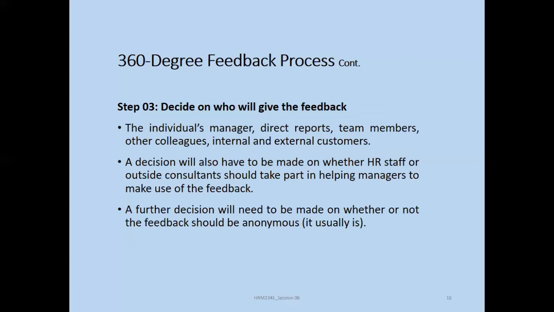Now, after getting the previous decision under step 2, we have a clear idea about who the feedback receivers are. It means which job or which employees we are going to evaluate by using the 360-degree feedback method.